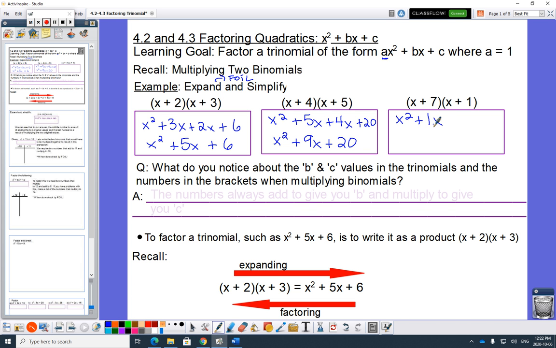I'll just write in the 1x, but you don't have to. x times 7, 7x, 7 times 1, 7. Collect the middle terms. So very procedural if you like that better.